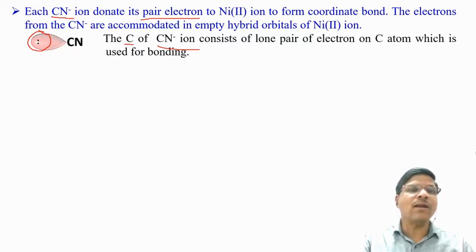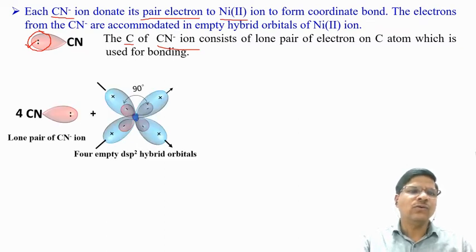Why the coordinate bond? Nickel orbitals are empty, while cyanide orbitals are filled, and they overlap with each other, and electrons are donated from the cyanide ligand to the nickel, and hence the bond formed is the covalent and coordinate bond. So we have the 4 cyanides, then we have the 4 empty dsp2 hybrid orbitals of the nickel.